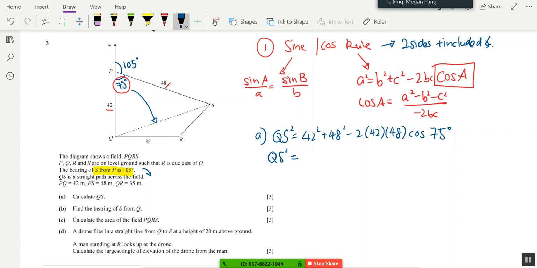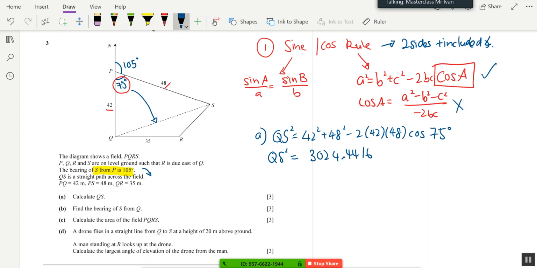Is this formula given? The cosine rule, the first one, yes, this is given. The one for the angle is not given. So QS squared equals 42 squared plus 48 squared minus 2 times 42 times 48 times cosine 75. For this kind of presentation, put as many significant figures as you have. You write 3024.4416.